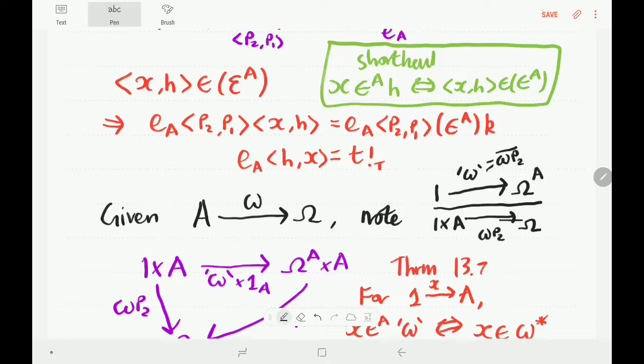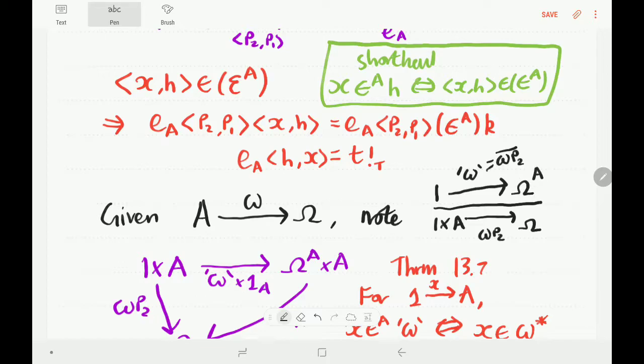That's equivalent to this arrow omega, well, I'll call it W actually, so it's not confusing. So we have this arrow W from A to omega, that's equivalent to an arrow W P2 from 1 times A to omega, which is equivalent, taking the transpose, we get the name of W, which is the transpose of W after P2. And that's just going to be a point of omega to the power of A.